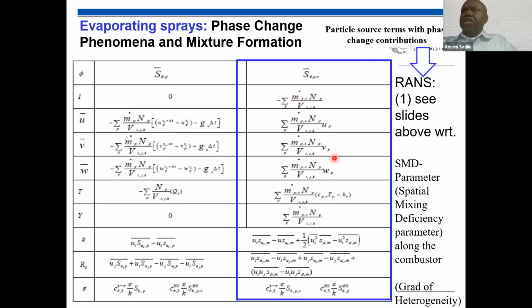this quantity. So let me show you the next slide, in which we will try to quantify now the mixture formation. So we have shown the phase change, and we have now to show the mixture formation, how we can quantify it. We can quantify it by using not this SMD, it is not the Sauter mean diameter, but it is the spatial mixing deficiency parameter.